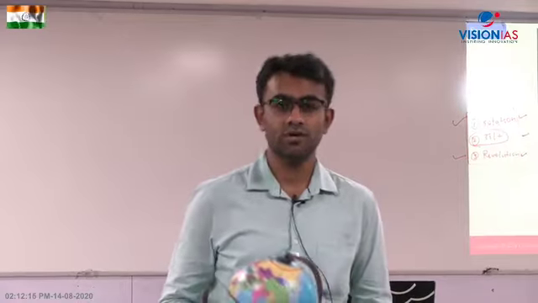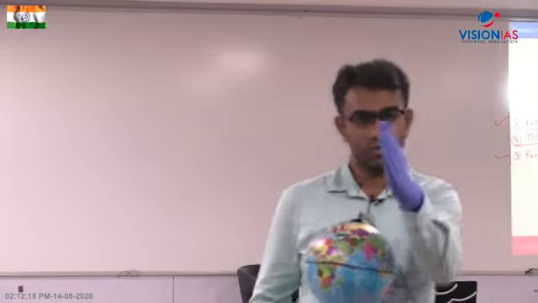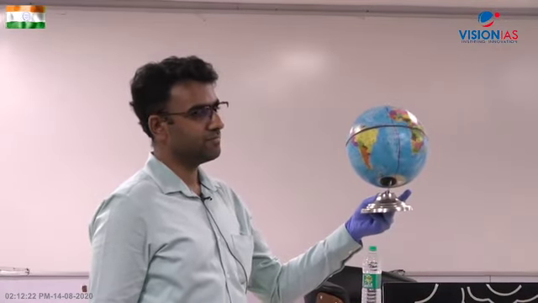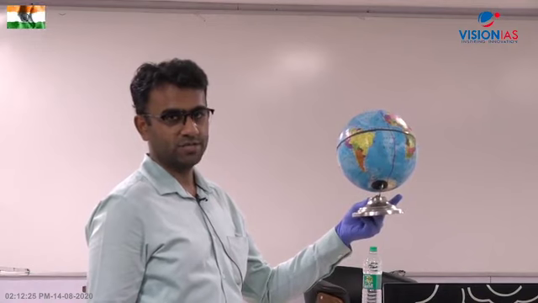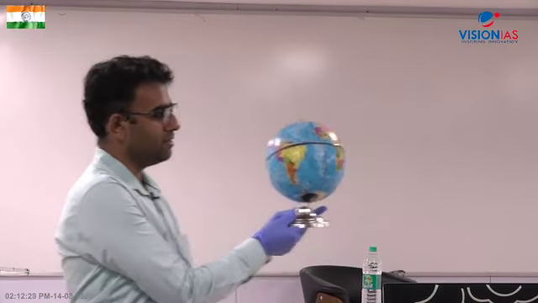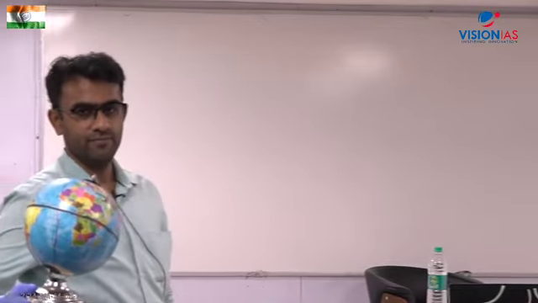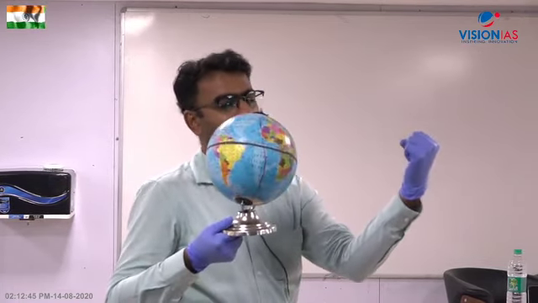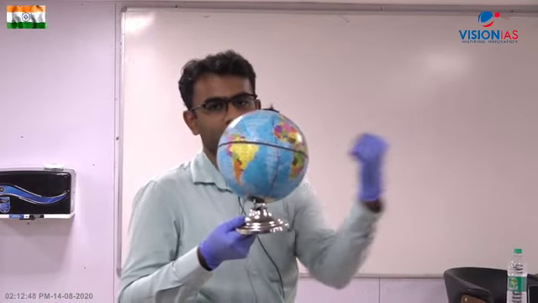So how will it happen with rotation? I'll just show you. So you are the sun. This position is winter solstice. From here it will come in the same way. Suppose if this is the sun, this side is away from the sun. Rotating, it has come here. Can you see it is equally exposed to the sun?